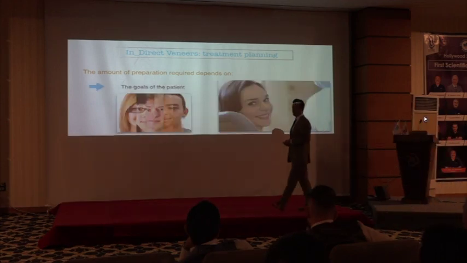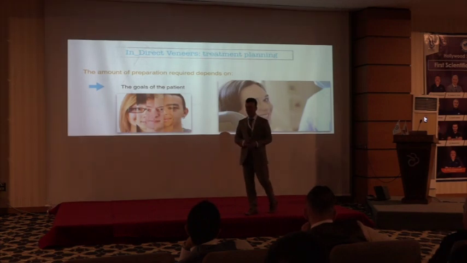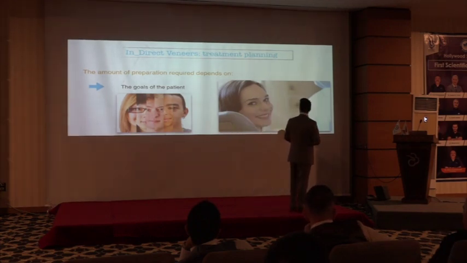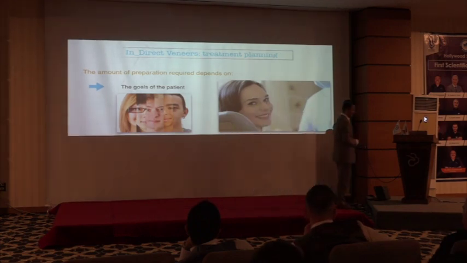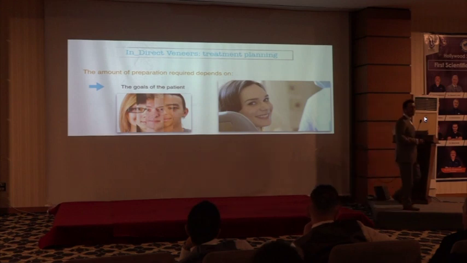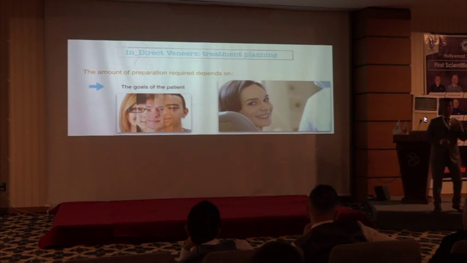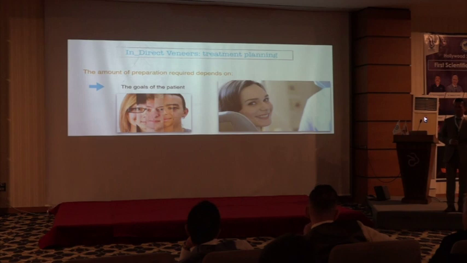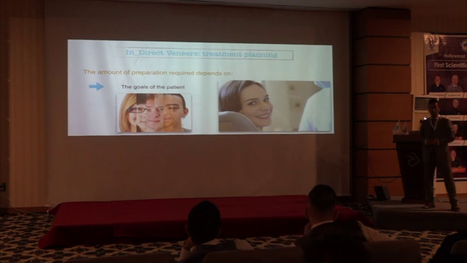What I should suspect and what I should respect of my patient. First of all, goals of the patient. The patient may ask you to improve her problem, but it could not be improved by veneers, by indirect veneers. You know, you have 4 points to play with: color, shape, size, position.